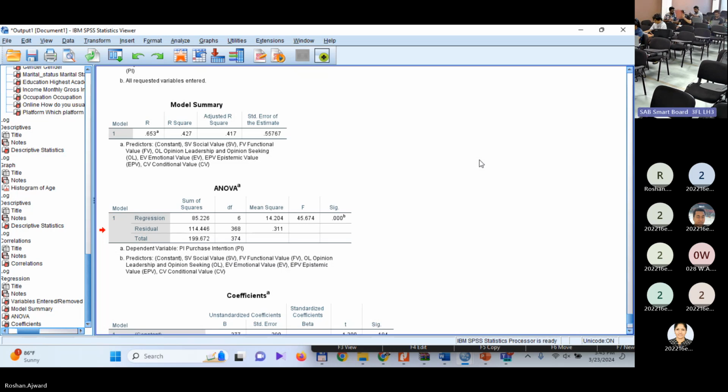The last two columns of this table indicate the capital F value and its significance.